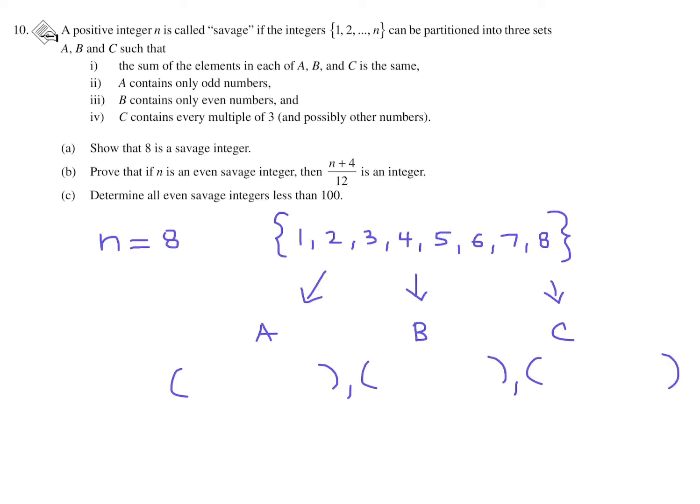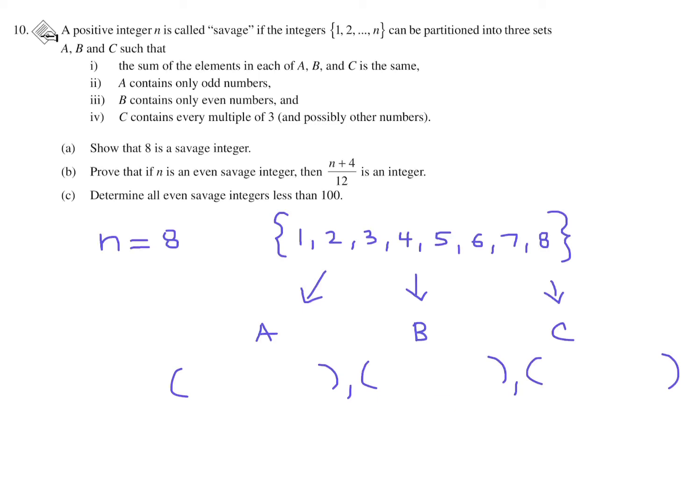The first condition is that the sum of the elements in each of A, B, and C are the same. So whatever numbers we put here from this group, and if we add those numbers, that sum has to be the same as the sum here and the same as the sum there.